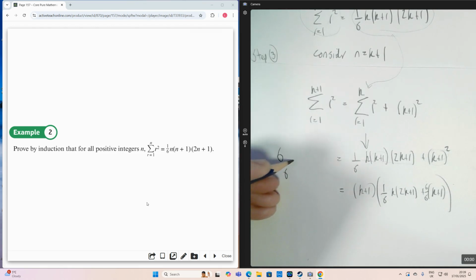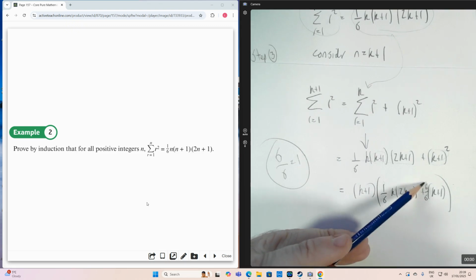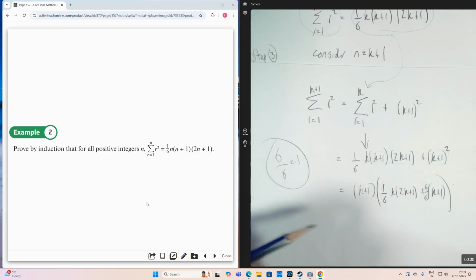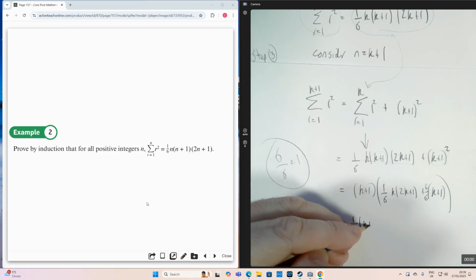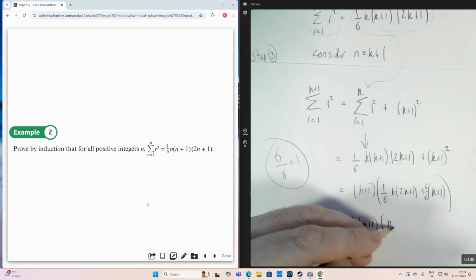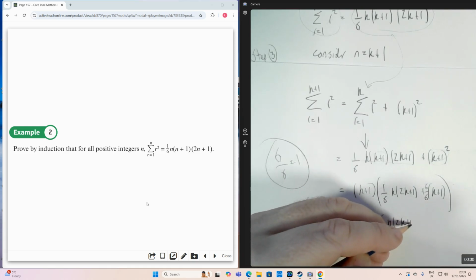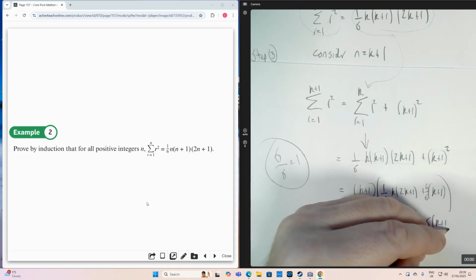So because 6/6 is just 1, we can invent a 6/6, which means we can now take out a factor of 1/6. So we have 1/6 times (k add 1) times (k times (2k add 1) plus 6 times (k add 1)).